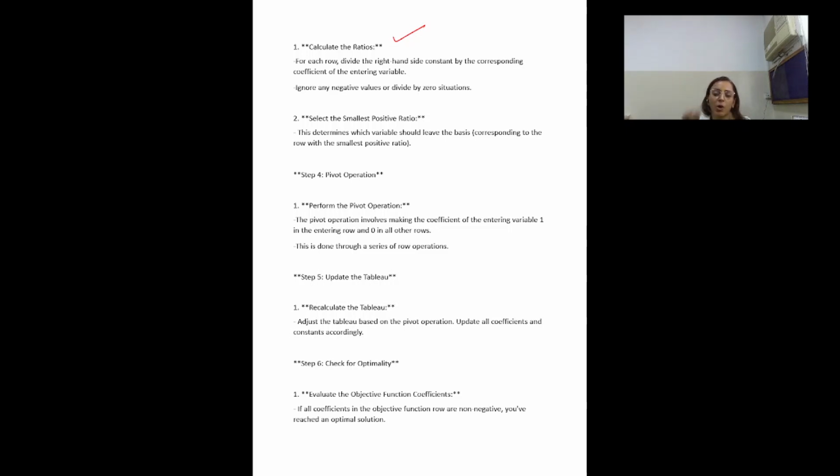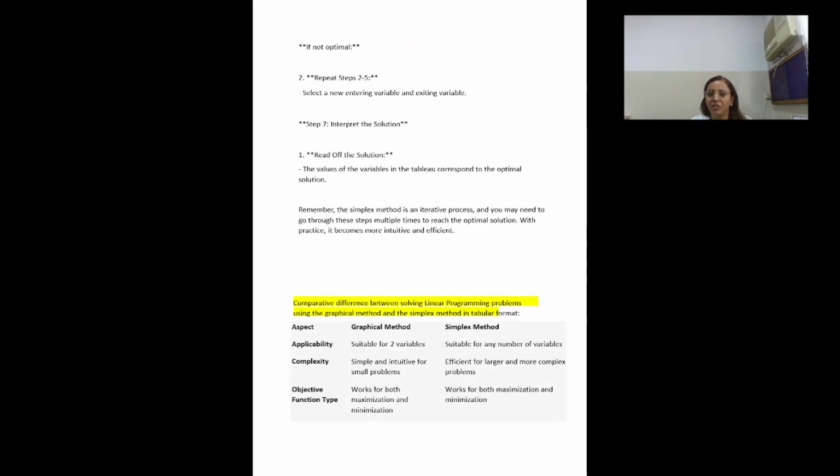Then again you have to update your tableau by using the adjustment, recalculate your tableau with this process once again, and finally you check your optimality test. If all the values in the evaluation row are positive, that means there is no negative value, then finally your optimum solution has been achieved.